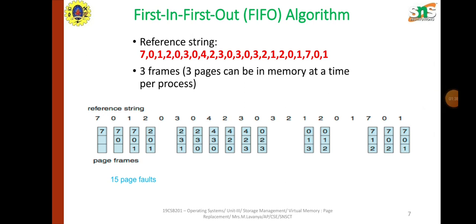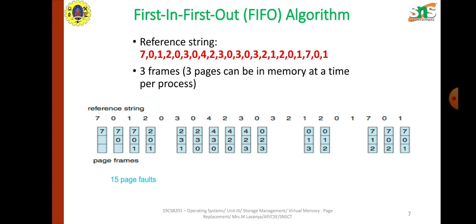In the first in first out page replacement algorithm, the input given is a sequence of reference strings. Let's consider the above given as the sequence of reference string, and the frame size will be given. Today the frame size we are considering is 3.